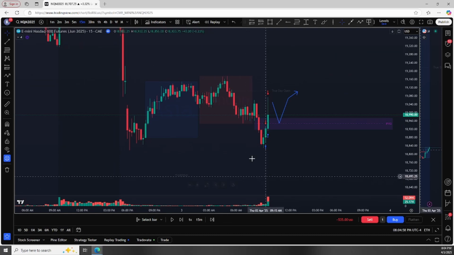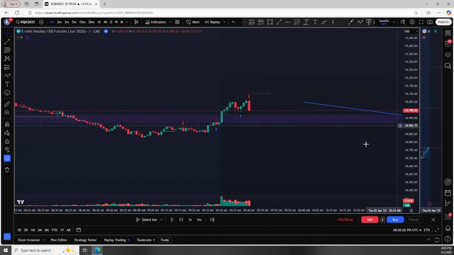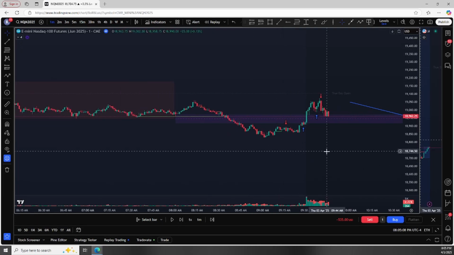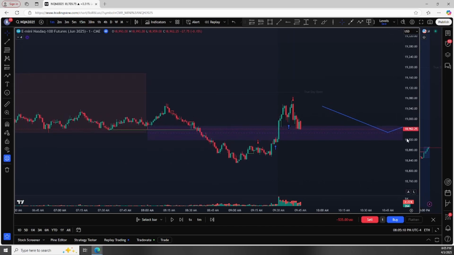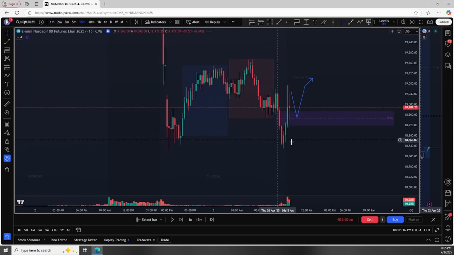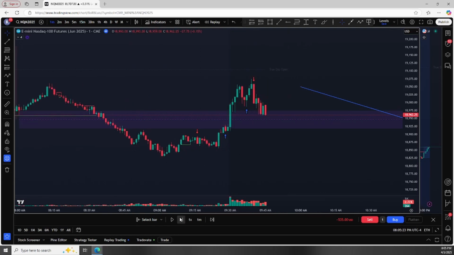So now let's roll this more. Okay, so now we're coming down into this bull gap right here, back into the BPR on the 15. We did just have a market structure shift right here.